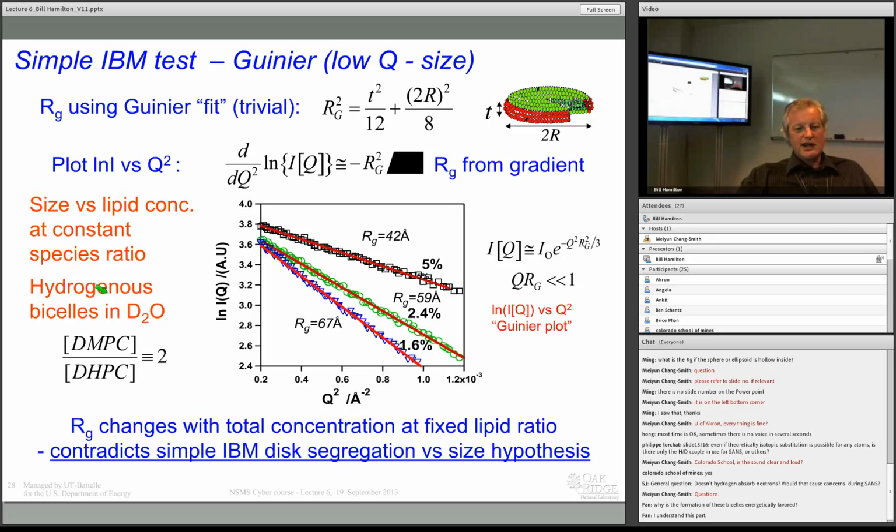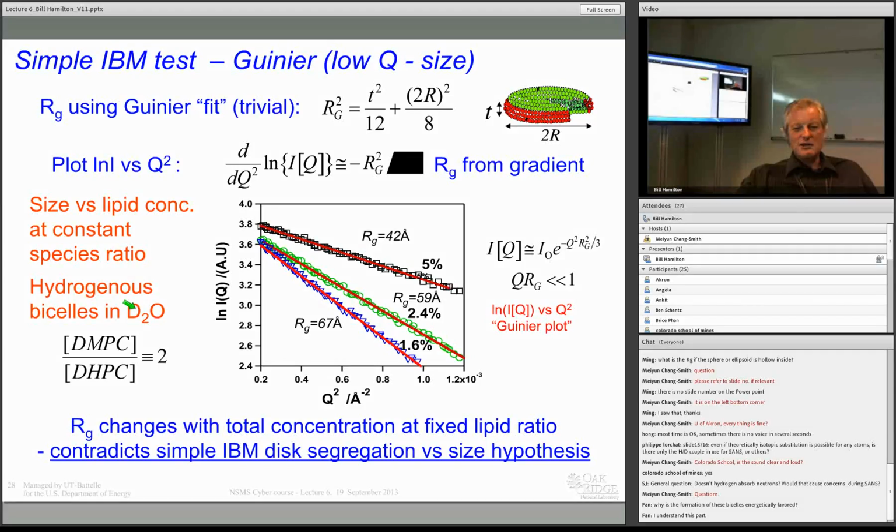And we studied hydrogenous bicelles, that is not very many of them, so they're not going to eat all the neutrons. And we put them in a solution of D2O. And the only thing we did was change the total amount of lipid we put in there.